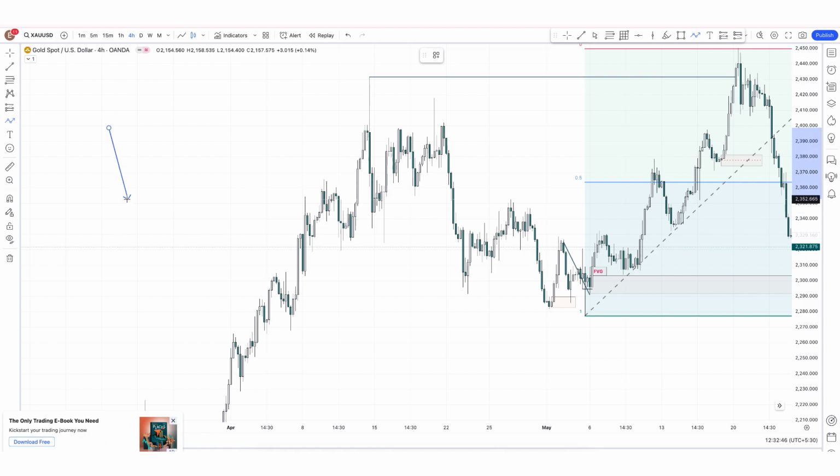Suppose this, and yeah, this. So this is the breaker. Okay, so this is the breaker block, and you have your order block here.